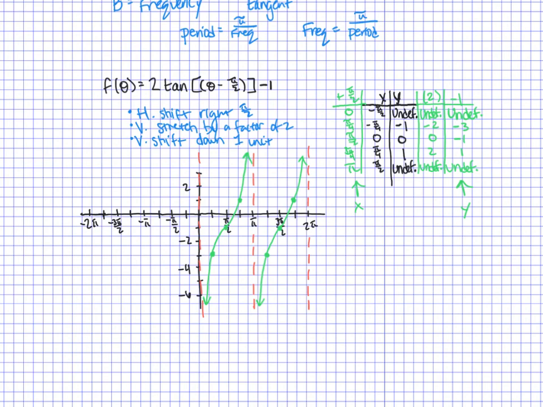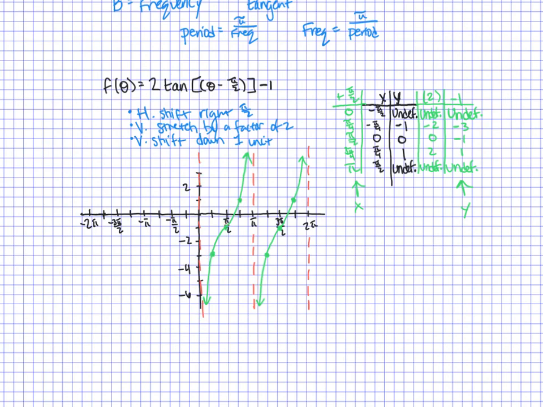And then we're going to do the same thing but backwards. I know I've already drawn a few periods, but I want to make sure I always complete my graph from -2 pi to 2 pi. So now if we're going backwards, that's going to be asymptote, 1, -1, -3.